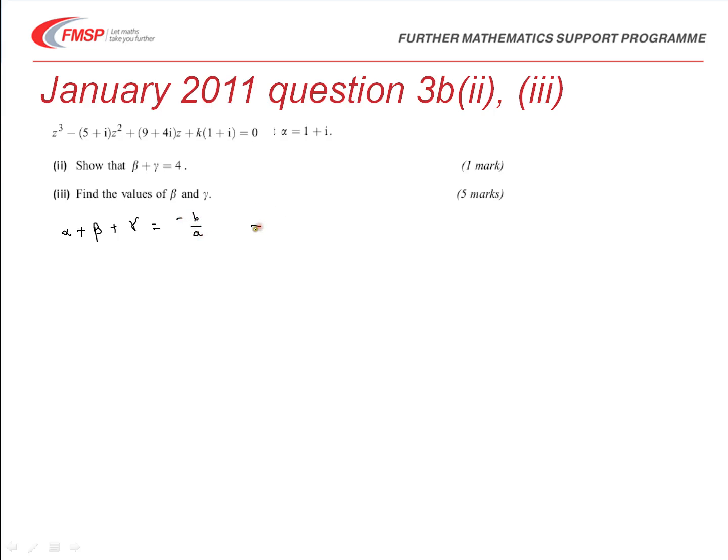So that is going to imply, in this case, we know alpha, because that's 1 plus i, plus beta plus gamma is equal to minus b. Well, b is minus 5 plus i, so this must just be equal to 5 plus i.